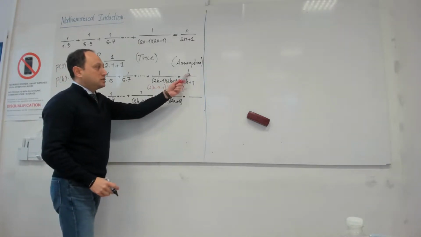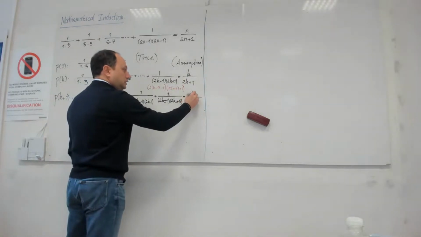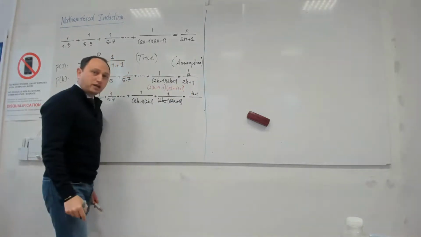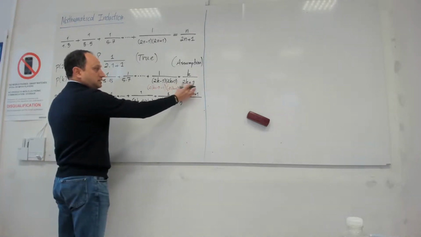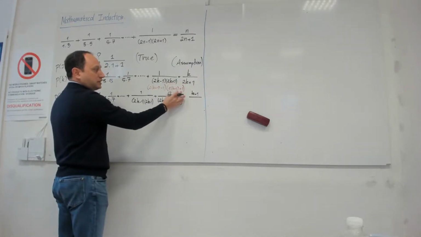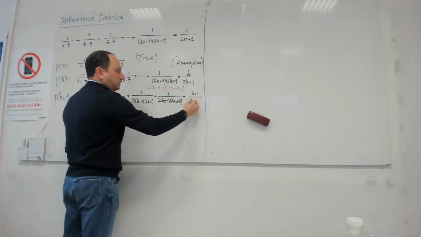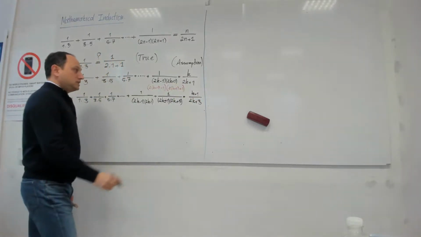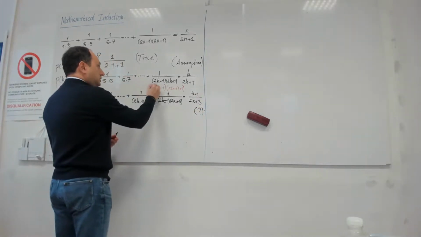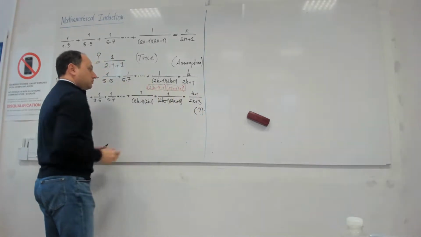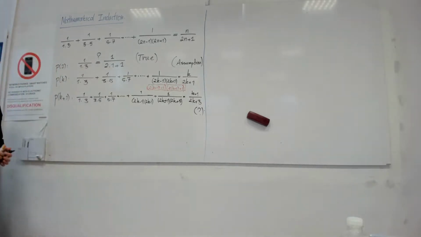But a pair of brackets is not necessary for the numerator because there is no difference between a pair of brackets, k plus 1 or just k plus 1. In the denominator, this expression is exactly this expression. So it becomes 2k plus 3 again. So this is now your question mark. This is what you can do on scratch paper. You don't need to write it down.